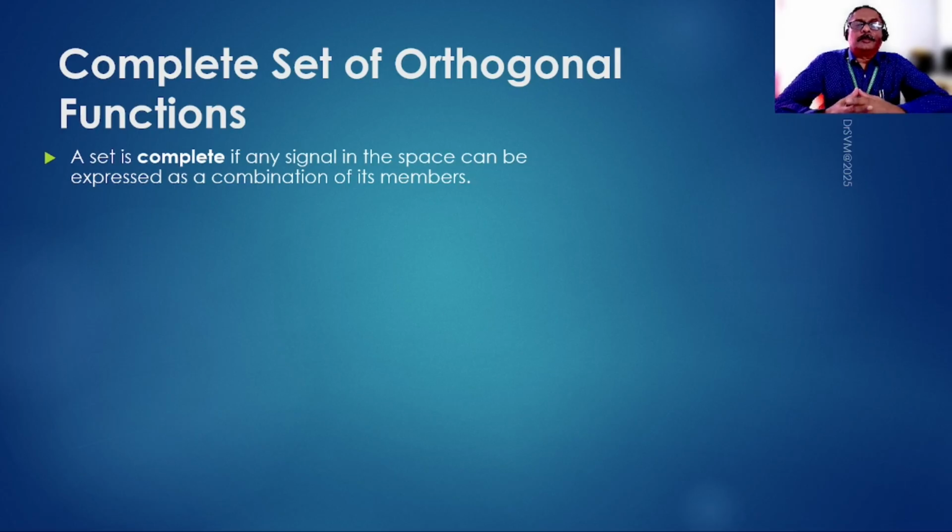All these 3 members are orthogonal to each other, so these are called orthogonal functions, and all 3 together will define any point in the 3D space. Therefore, for a 3D environment, a complete set is made up of 3 components: x, y, and z.